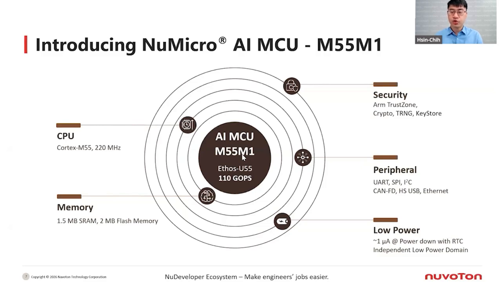This ensures that both firmware and AI models are protected. The key difference is the integrated NPU, delivering 110 GOPS of computing power, more than 100 times higher than a conventional microcontroller, making it capable of supporting a wide range of AI models and applications.